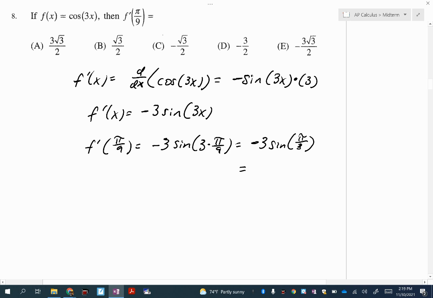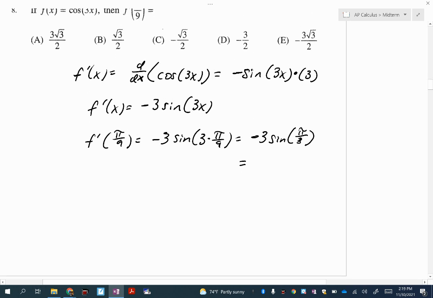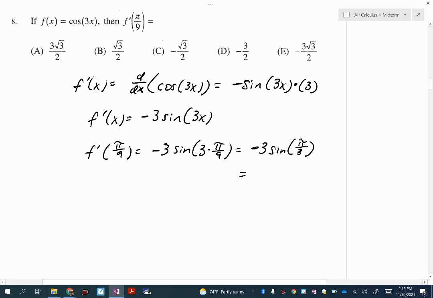And if you don't know the sine of pi over 3, you can use a calculator or use the formula chart from the trig formula sheet. But essentially, I know that pi over 3 is the same as 60 degrees, and the sine of 60 degrees is the square root of 3 over 2. So I'm looking for the answer choice that has this, which is E.